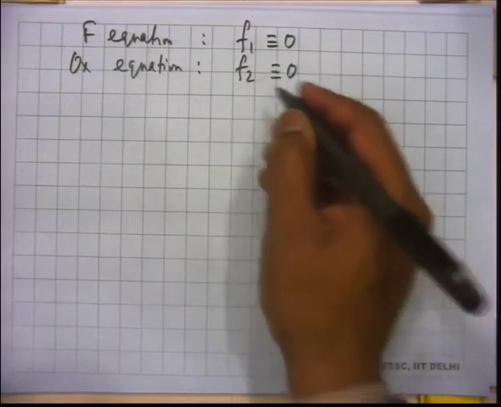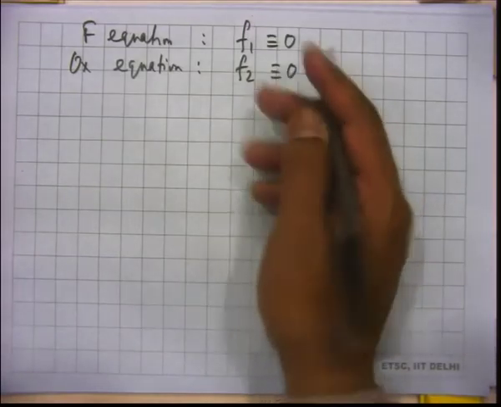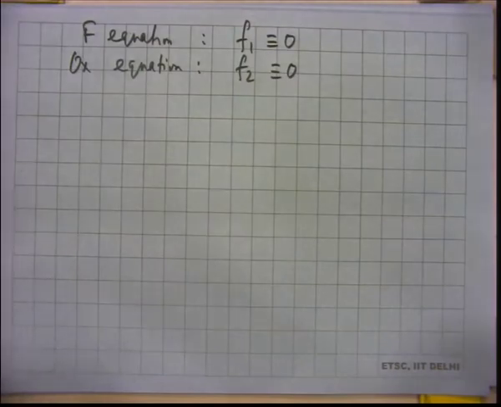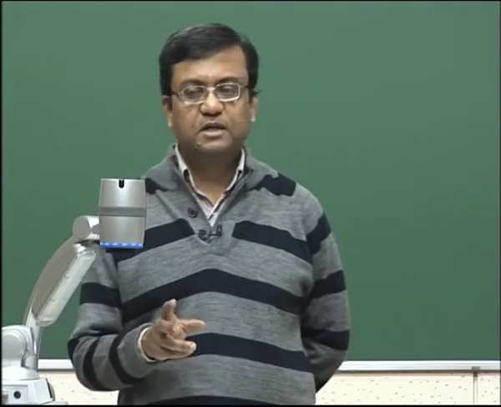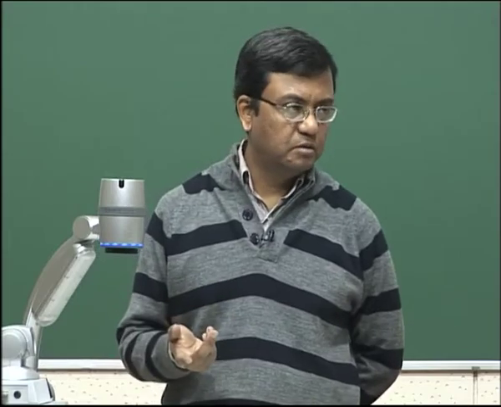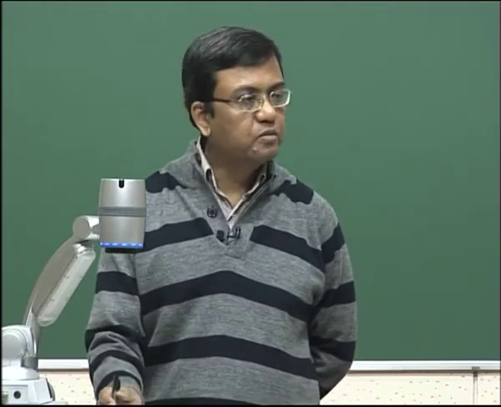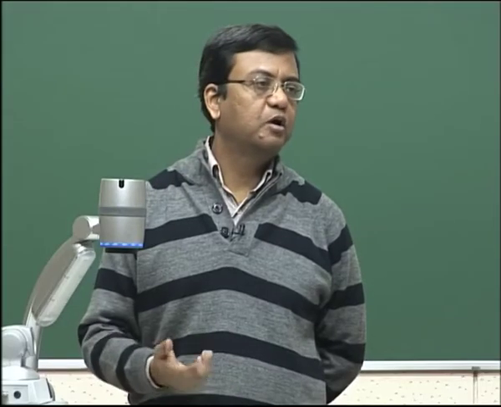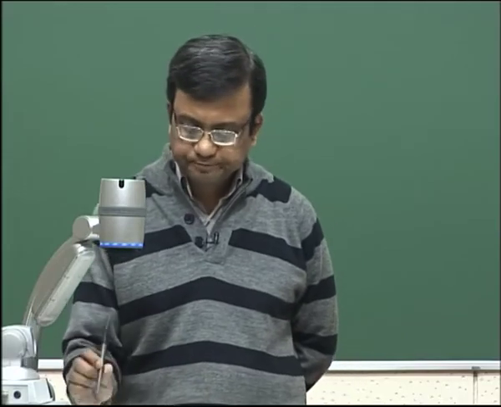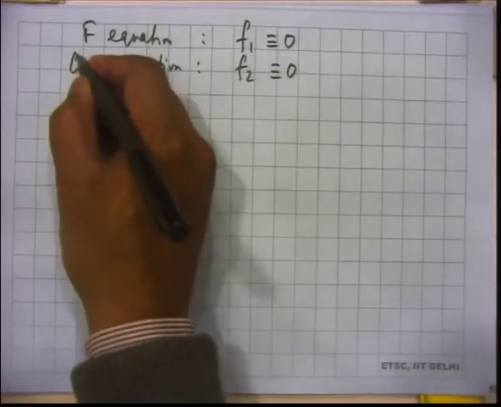Again, it will look clumsy if I write this F2 equation, but it will be exactly on similar lines to the last one. So, instead of omega dot fuel, we have to use omega dot O2, and for omega dot oxidizer, we will use an air fuel ratio. So, the oxidizer equation, apart from the usual terms, will have an air fuel ratio multiplying omega dot F. Okay. So, this is the oxidizer equation.